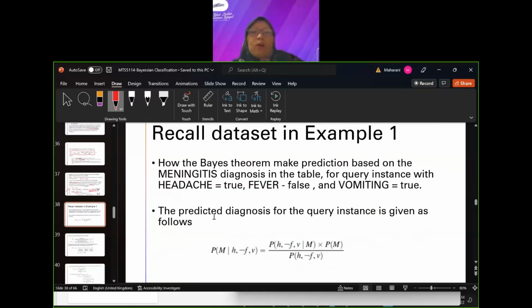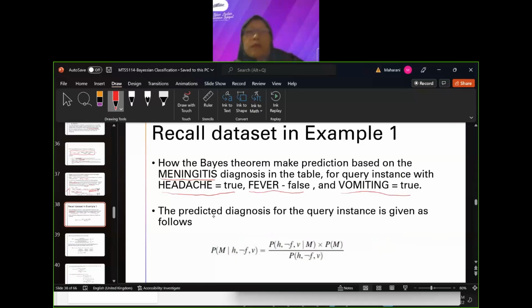Okay, so now we're going to calculate or evaluate the probability of people getting meningitis with the condition, or with the facts, that they got headache, no fever, but they got vomiting.